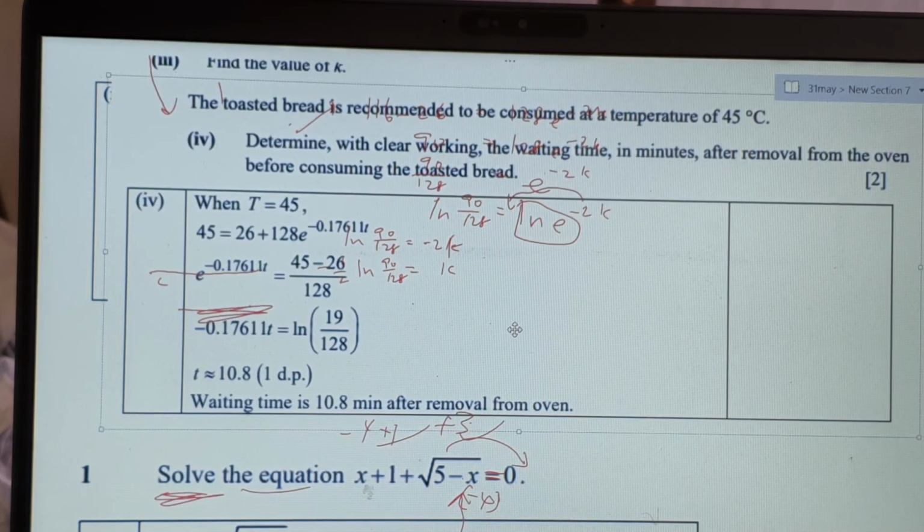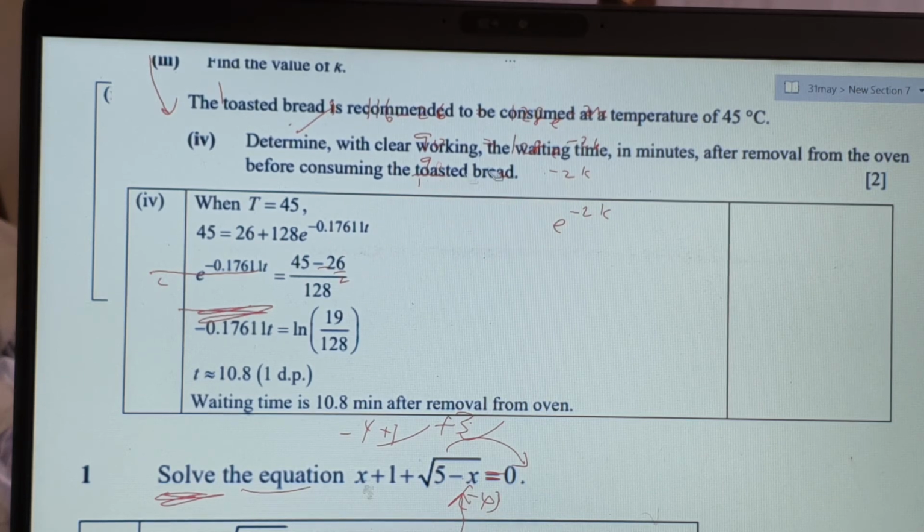I erase all this. Okay, so you see, determine with clear working the waiting time after removal from the oven before consuming, if the toasted bread is recommended to be a certain temperature. So what is T? You must understand that this is the big T. Okay, so it's about translating maths language into English language into maths.